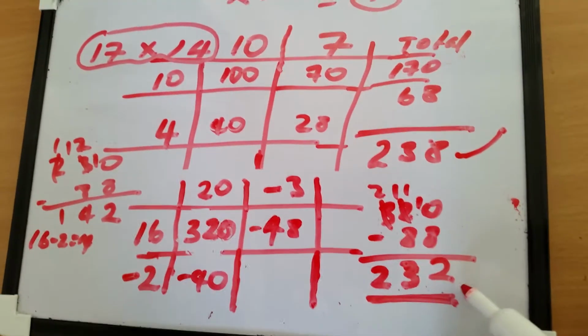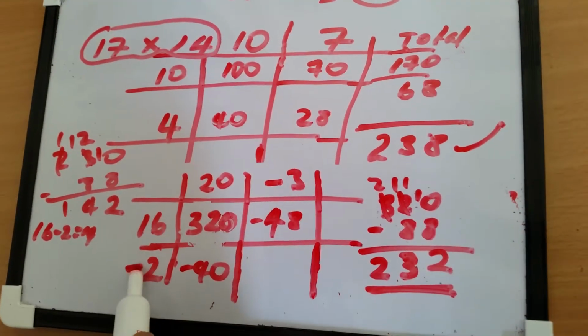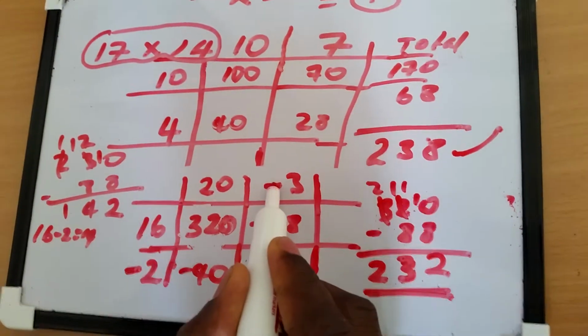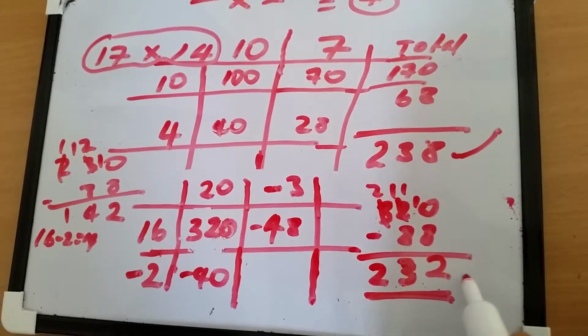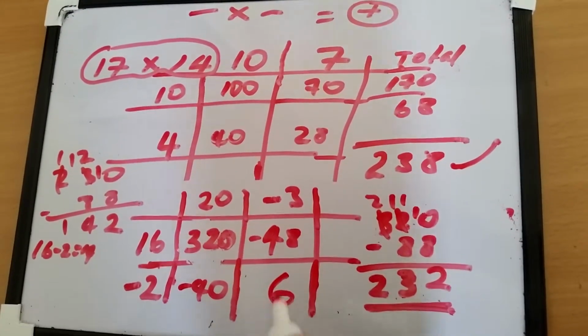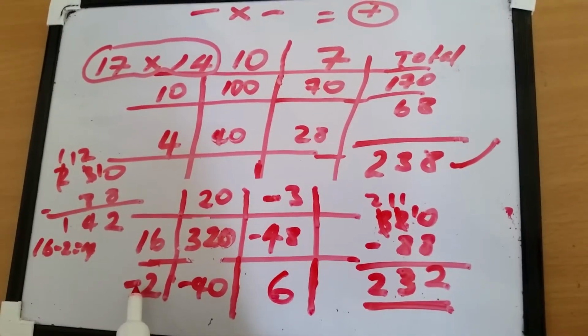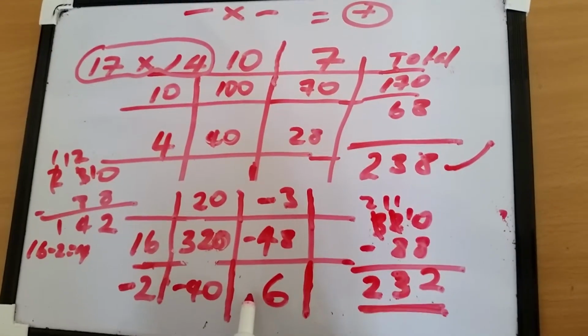So it means that negative times negative must give us a positive number, which we need to add to this to give us 238, which is 6. So you can see that -2 times -3 gives us positive 6.